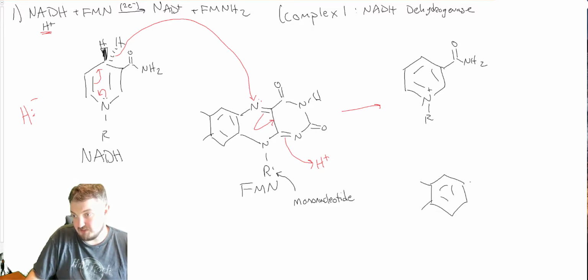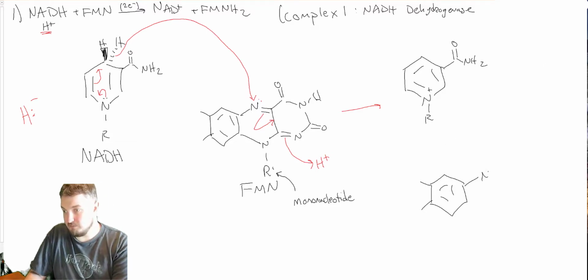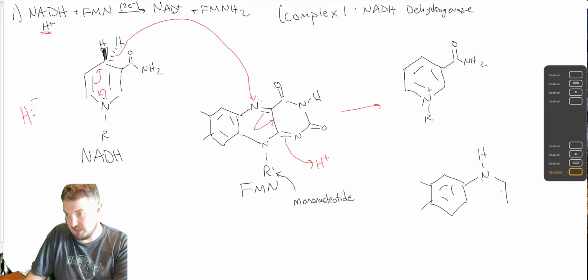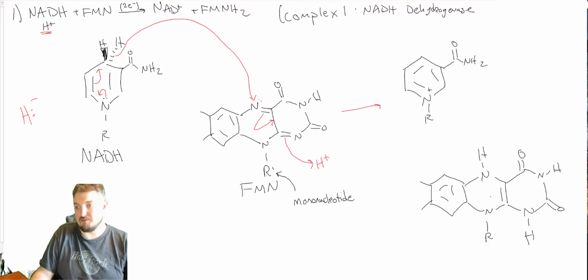It's going to still have the same structure over here. The nitrogen at the top of the ring right here is going to have a hydrogen on it. That's one of the H's in FMNH2. And the other hydrogen is going to be down here at this position. Okay. So this is simple arrow pushing, the kind of thing that you should be relatively familiar and comfortable with from an organic chemistry class.